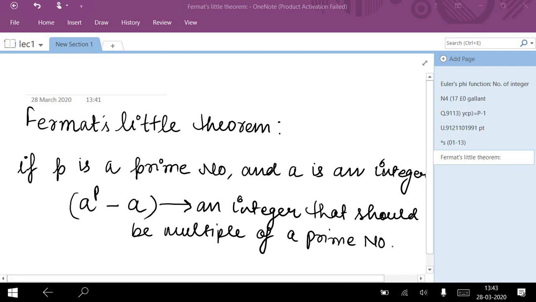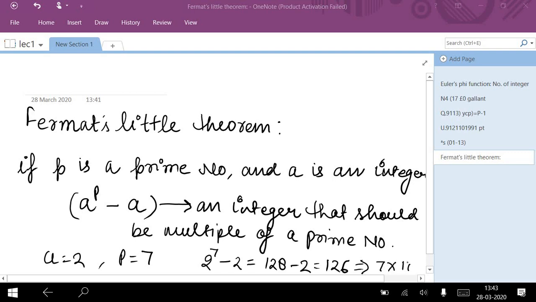The example is, suppose I am taking a value is 2 and p value is 7. So what will be the value of this equation? a to the power p means 2 to the power 7 minus 2. The answer is 128 minus 2, means 126. And what is the factor of 126? The factor of 126 is 7 into 18.